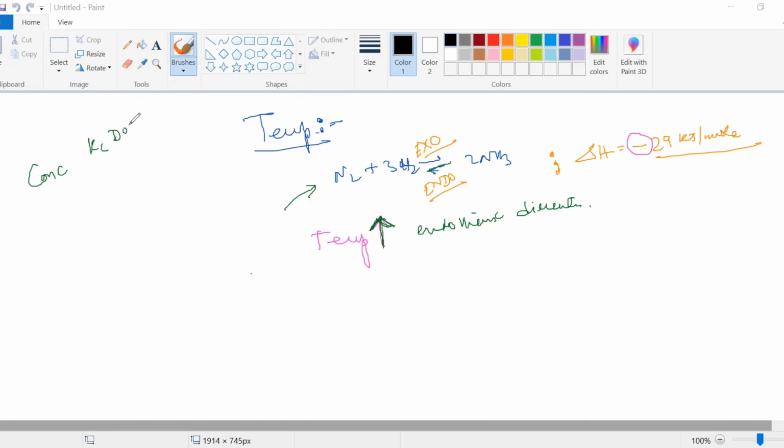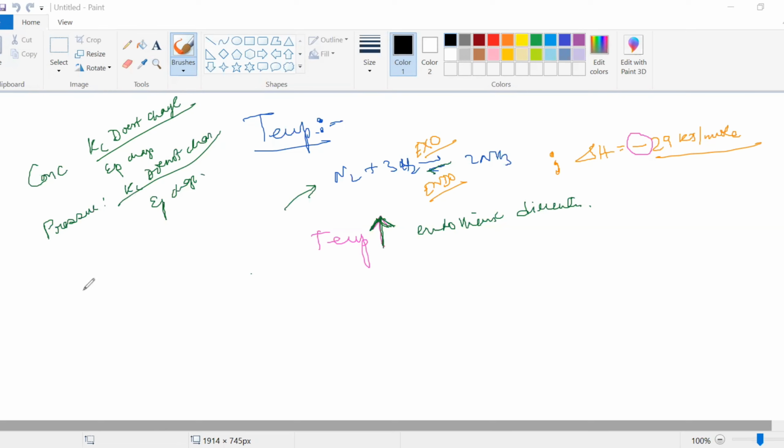Write this down. The equilibrium position changes, we have learned. If you change the pressure, the Kc does not change, and the equilibrium position changes. We know this.